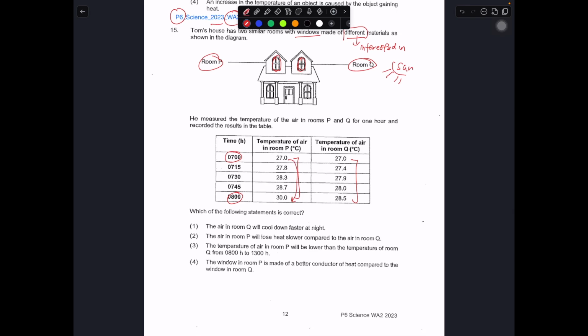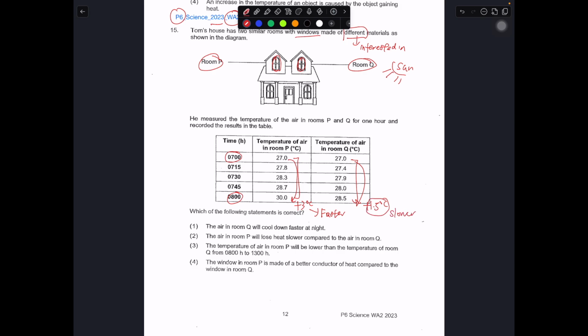So the rate of heat gain within the 1 hour for P is about plus 3 degrees Celsius. For Q, the rate of heat gain, or the temperature increase in this case, will be plus 1.5 degrees Celsius. So you can see this is slower. No, this is faster, sorry, and this is slower.